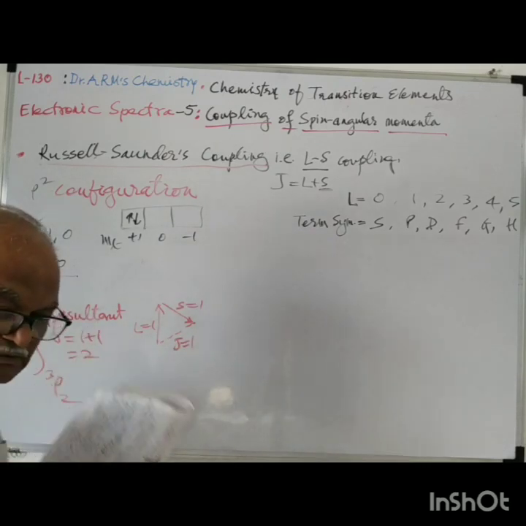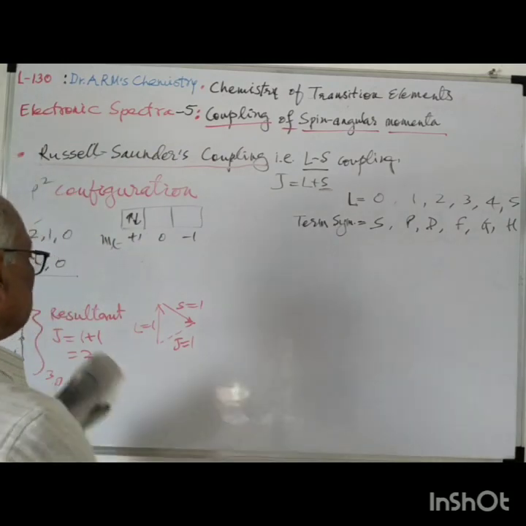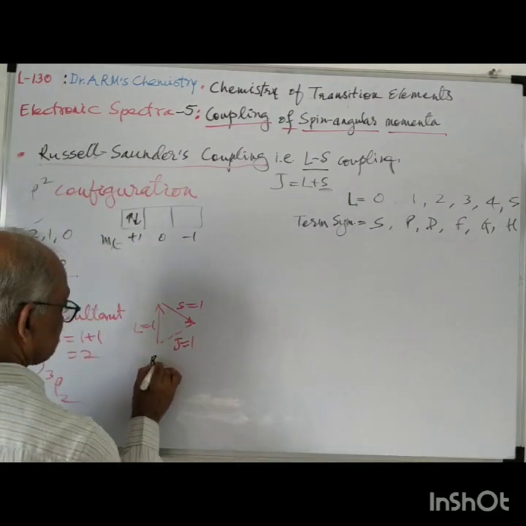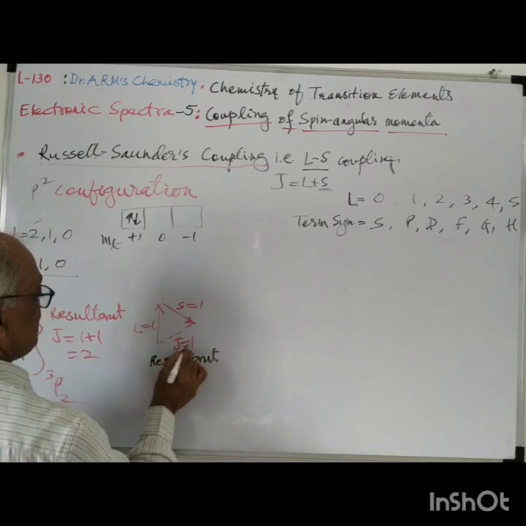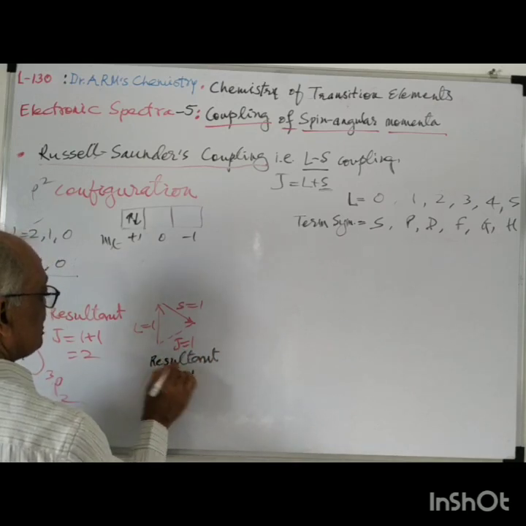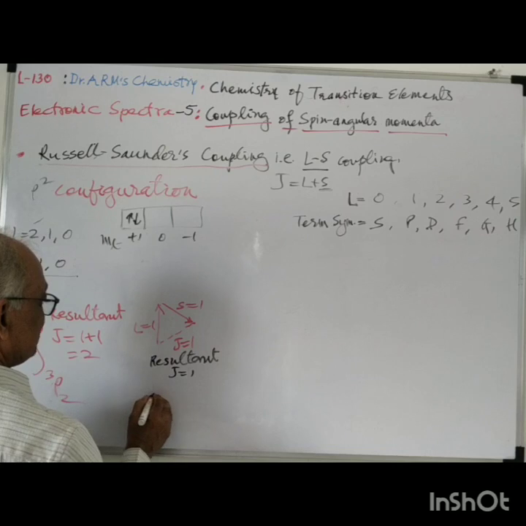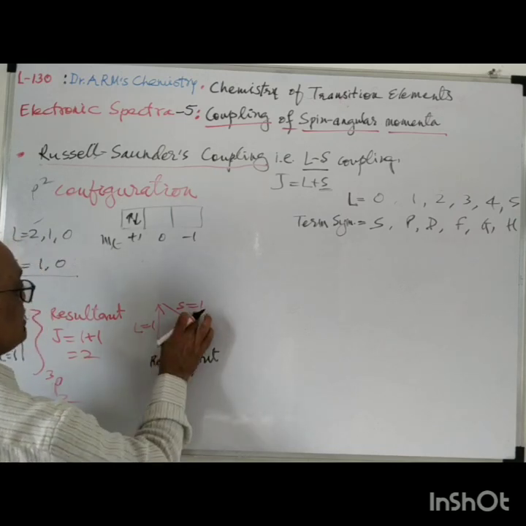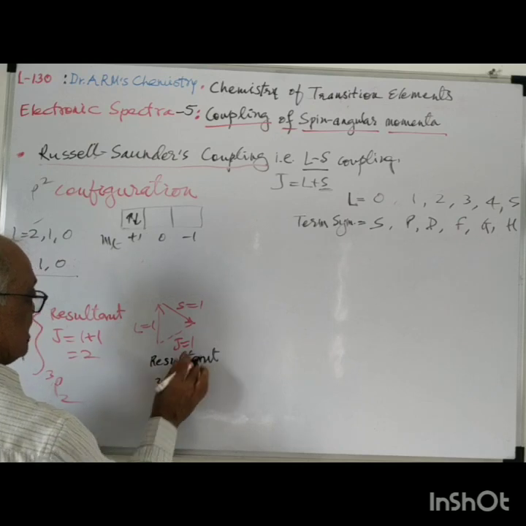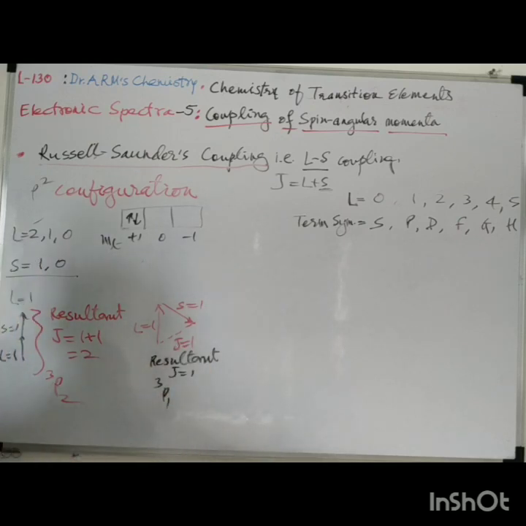Therefore, we can have the resultant J is equal to 1, as we have shown. The term symbol for L is equal to 1 is the same P state, the triplet, and the J value is 1.